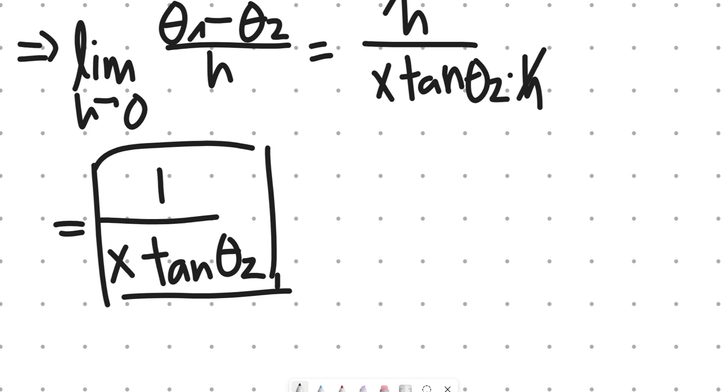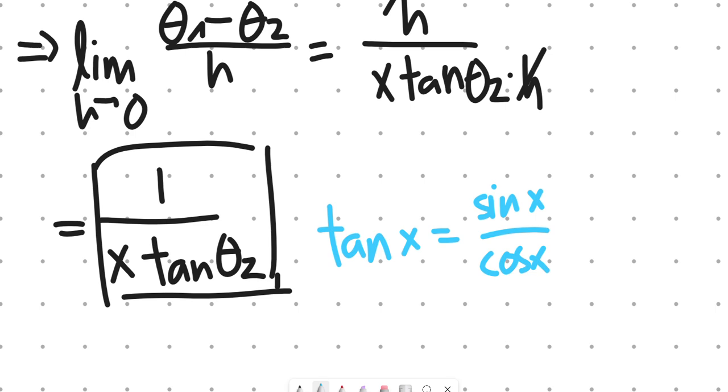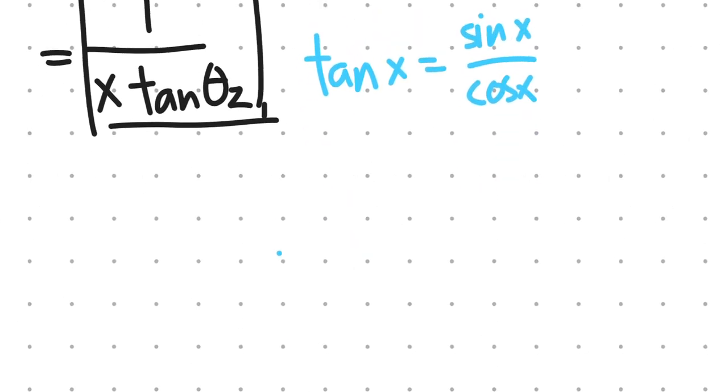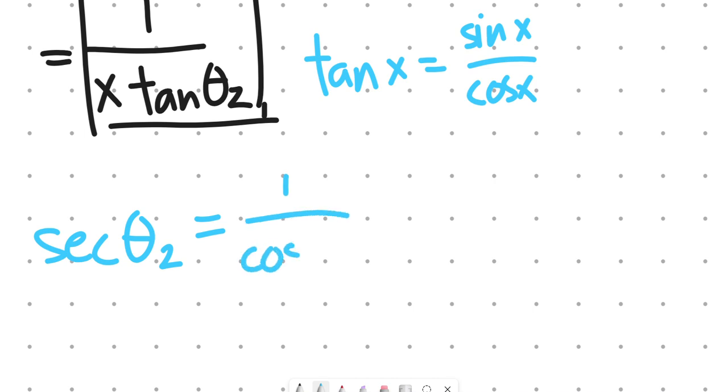So we just have to find another way of writing the tangent of theta 2. Now indeed we know that tangent of x is sine of x over cosine of x, so we can use this to express tangent of theta 2. We know that secant of theta 2 is equal to 1 over cosine of theta 2.